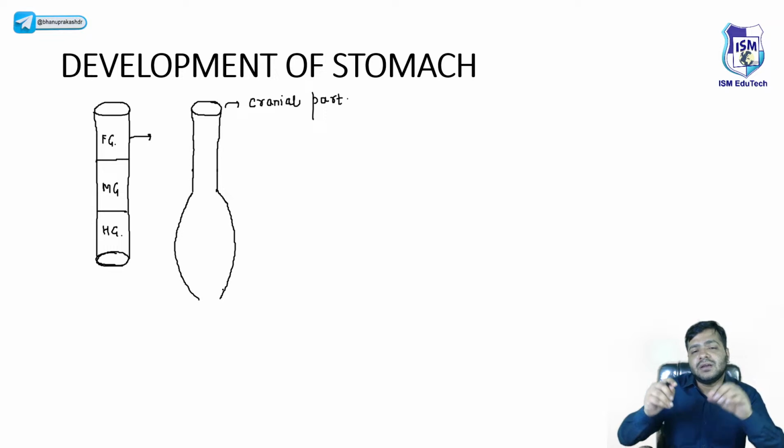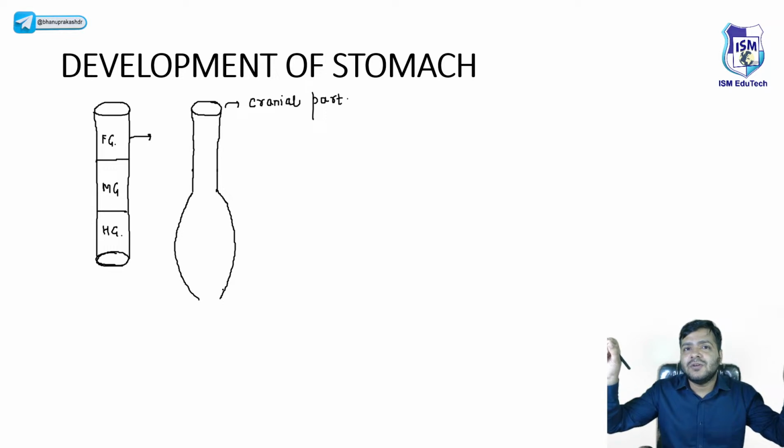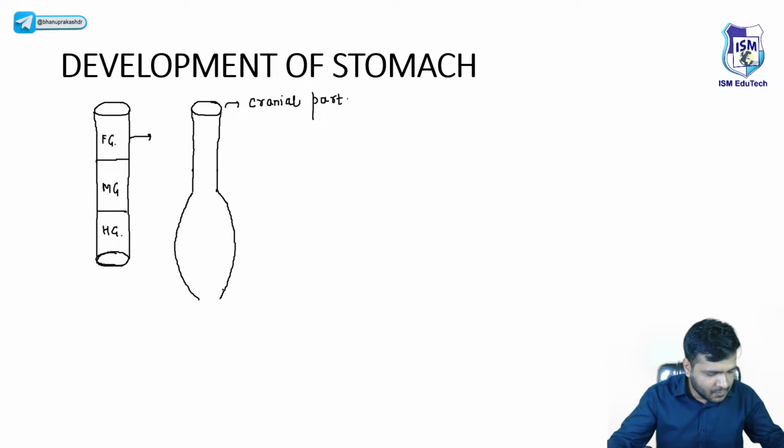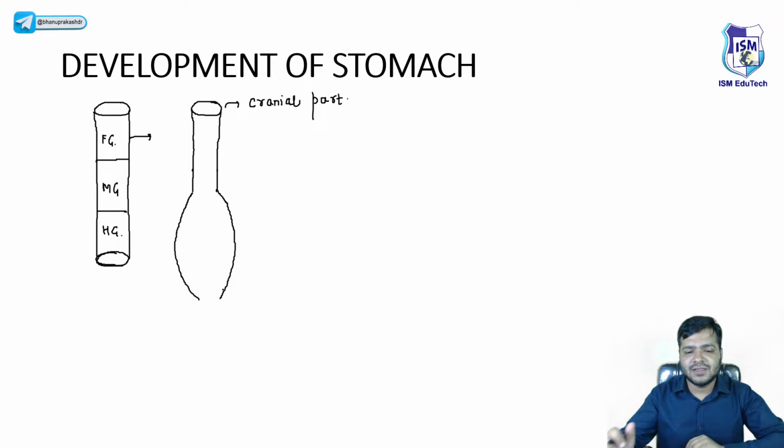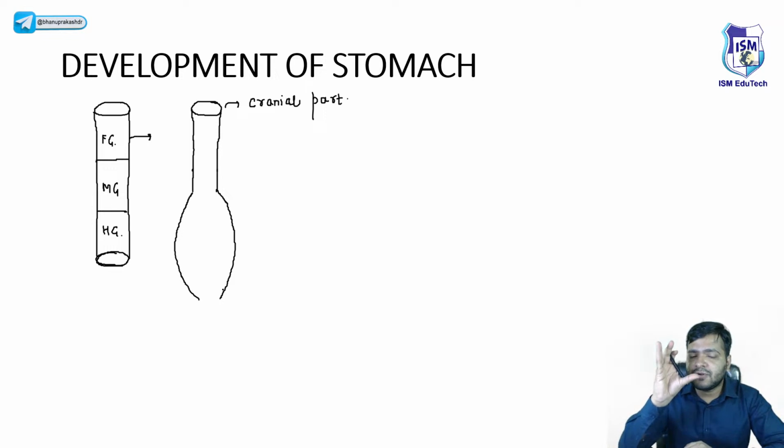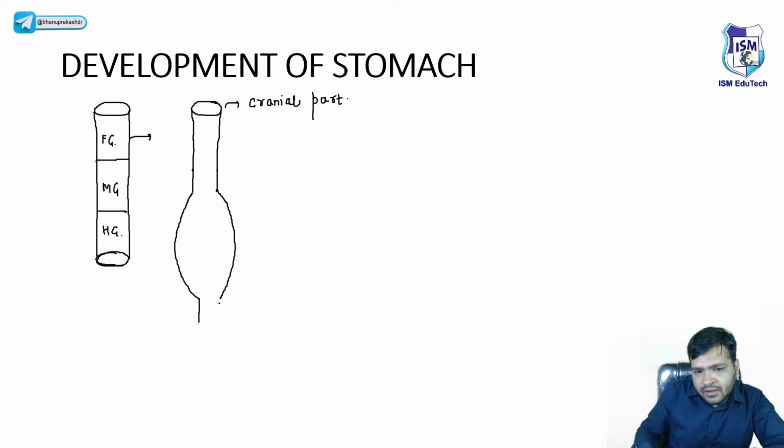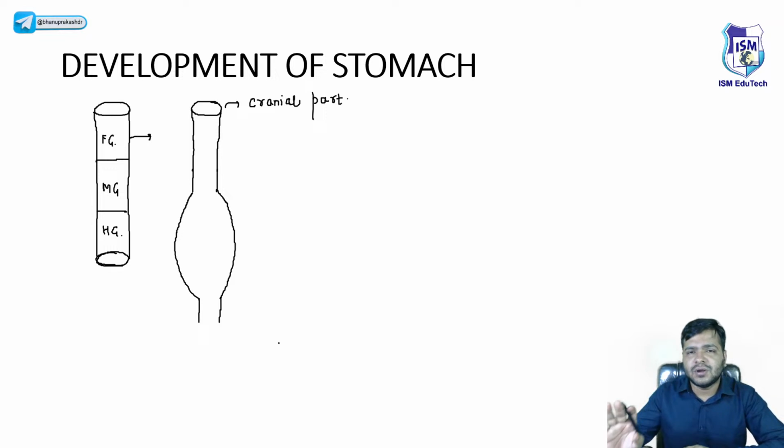Fusiform का मतलब क्या होता है बेटा, कि दो एंड्स बिल्कुल टेपरिंग होते हैं और बीच से मोटा हो जाता है. ठीक है, both the ends are tapering और बीच से काफी ज्यादा it is like thickened from between, right? And ultimately the duodenum will be formed, and duodenum is derived from both the parts, foregut and midgut. So जब हम duodenum पढ़ेंगे कल तो हम उसमें ध्यान से देखेंगे.